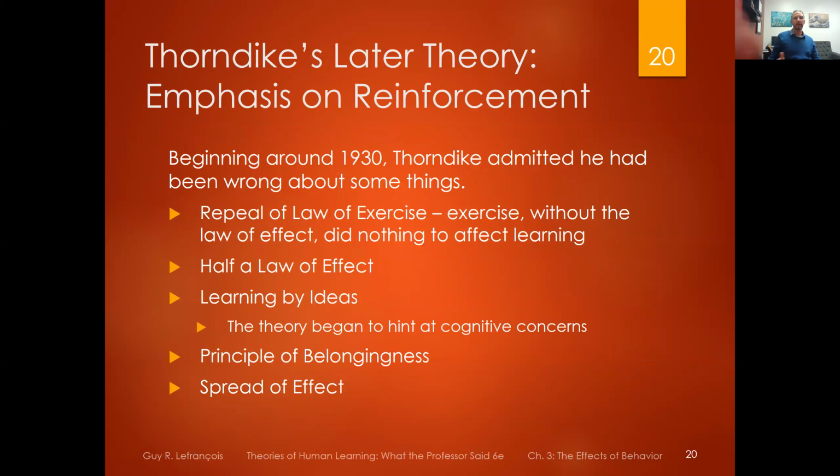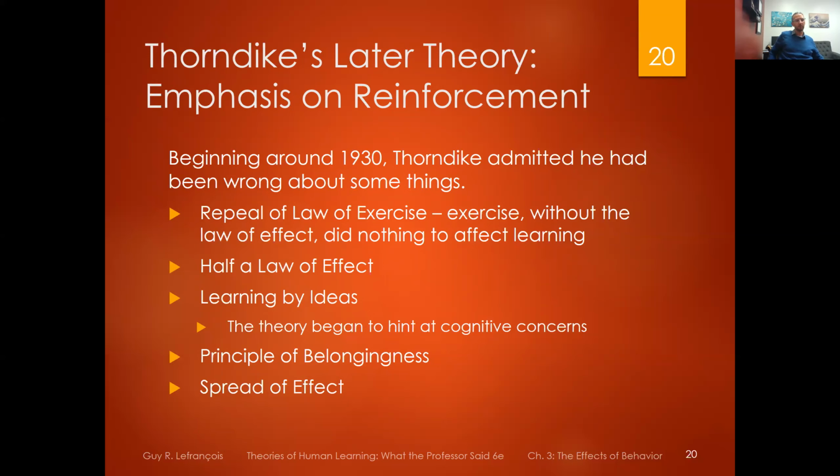But I hinted at this before. Thorndike revised his theory. And again, this is important when we think about science. Science is never final. So it's a process. His later theory really emphasized reinforcement, and there's a few things that he changed with his later theory. The first thing was the repeal of the law of exercise.